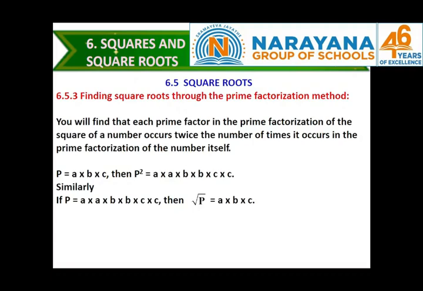So, if P is equal to A into B into C, then P square is equal to A into A, B into B and C into C. Then if P is expressed as A into A, B into B, C into C, then root over P, I am going to take only one A, one B, one C. It means if the number consists of six 2s, then its square root consists of three 2s. If a number consists of eight 3s, then its square root consists of four 3s. It is the opposite operation.